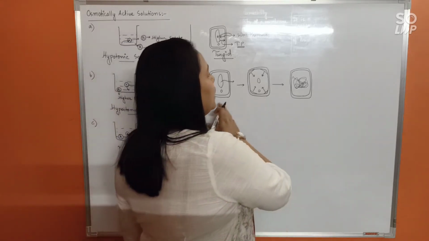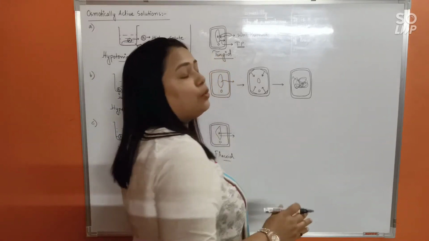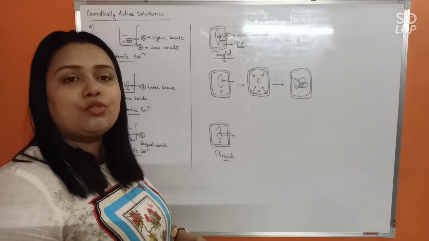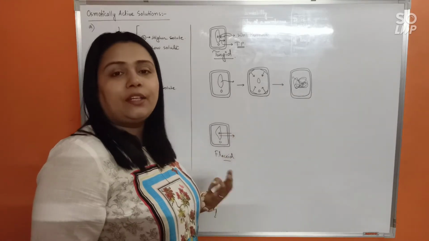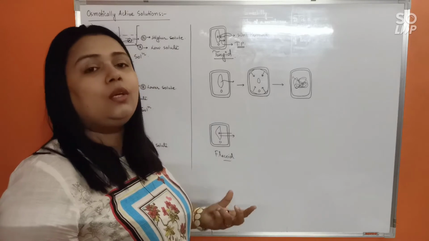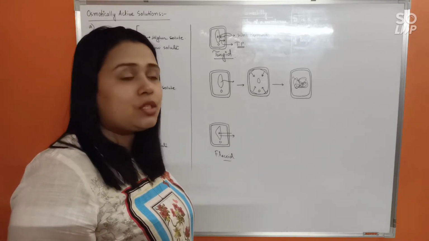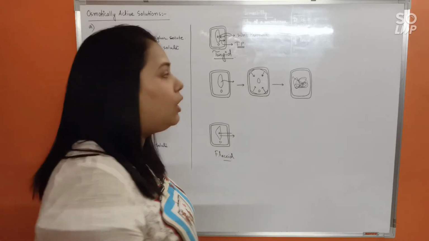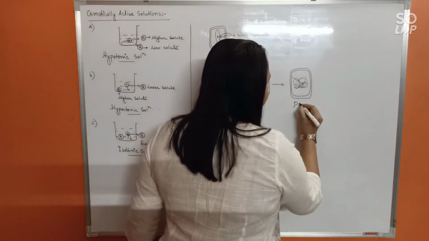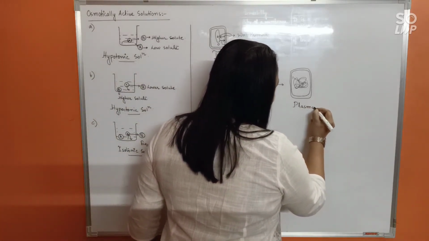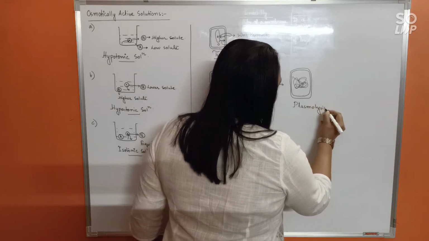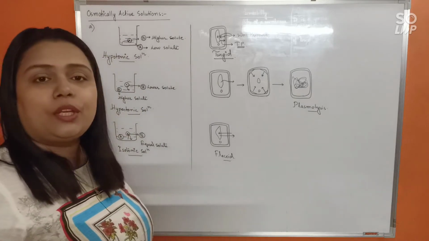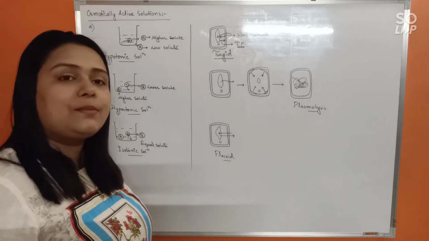So this particular state, when a plant cell is introduced to a hypertonic solution, due to which it undergoes exosmosis, all the water from the protoplasm is lost and the whole protoplasm undergoes shrinkage. This particular state is known as plasmolysis. So whenever I introduce a plant cell to a hypertonic solution, it will undergo plasmolysis.